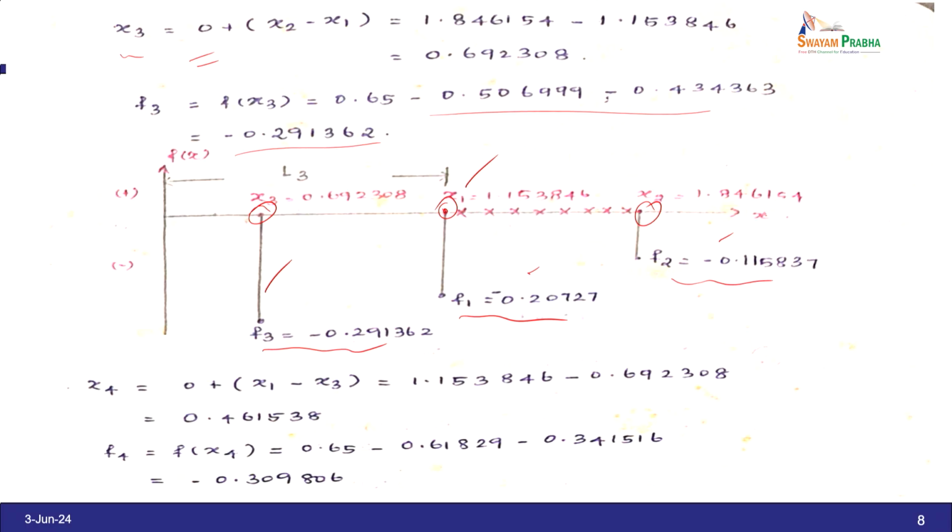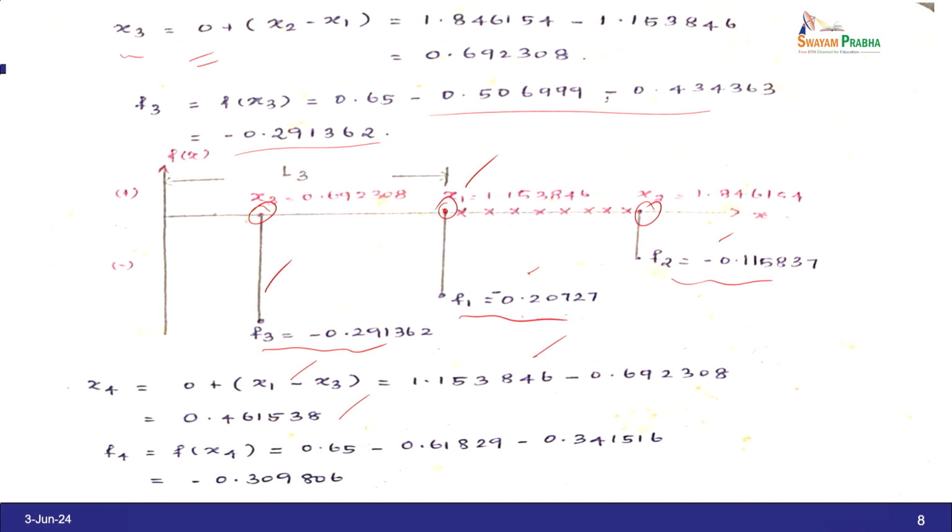So, x3 is nearer to x1, and x3 and x2 are far away with x1 in between. Therefore, find the difference of x1 and x3, and initial value 0 plus x1 minus x3 equals 1.153846 minus 0.692308, which gives 0.461538.